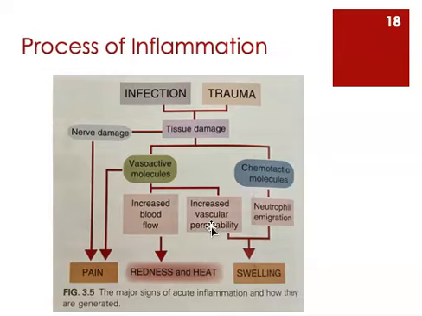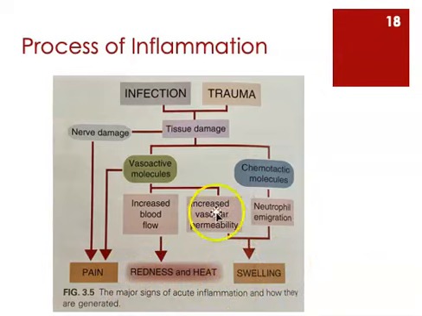Tissue damage is also going to release a type of molecule called chemotactic molecules. These are being released to help, again, put the alarm out, to help call for and recruit other immune cells, particularly neutrophils. And it's the combination of these chemicals and their actions and the neutrophils arriving that's going to produce the swelling and the redness and the heat.